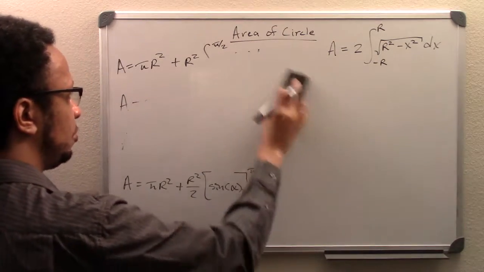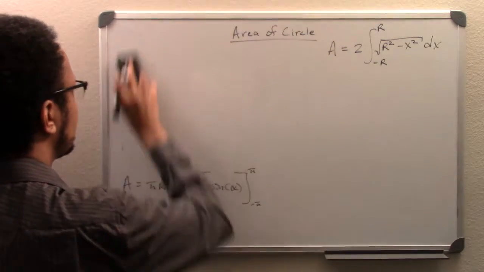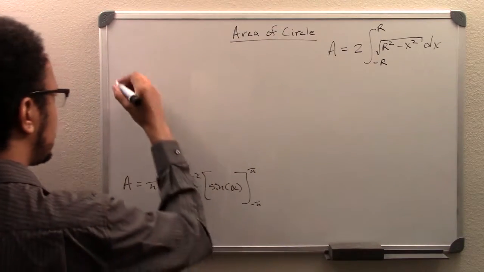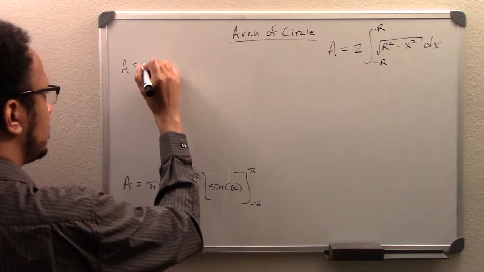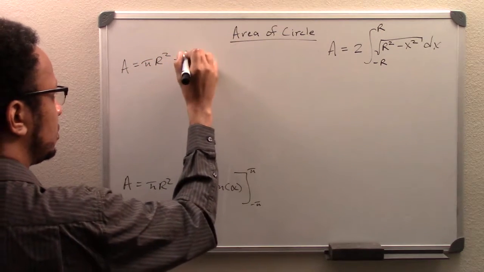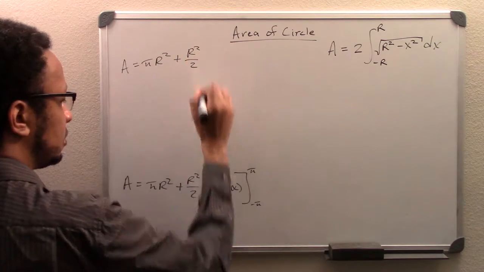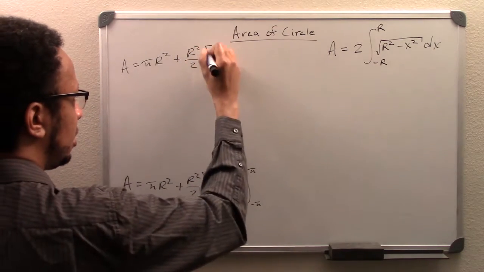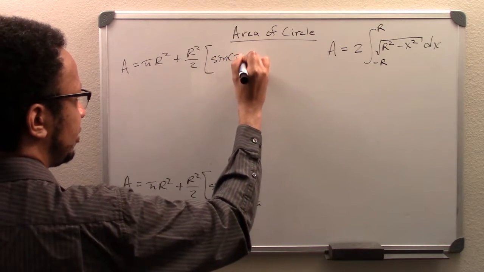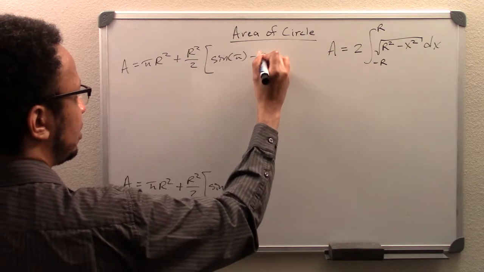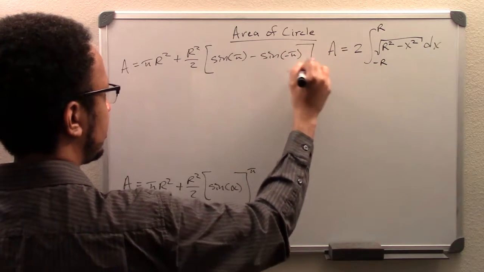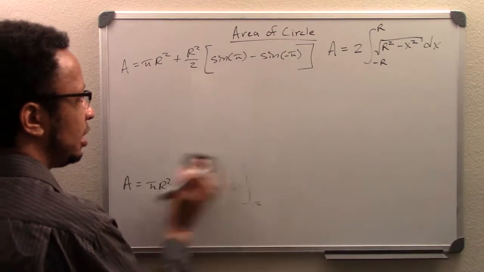We'll make some more room here. And sine of pi is what we're going to evaluate this at, minus sine of negative pi. Evaluate it there.